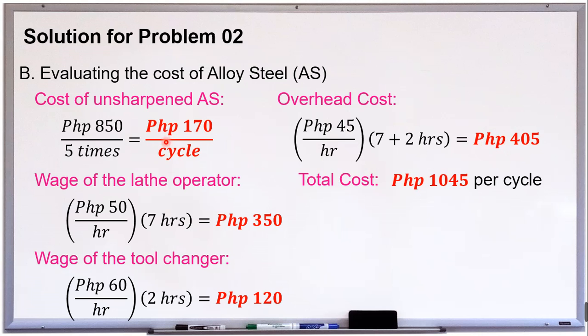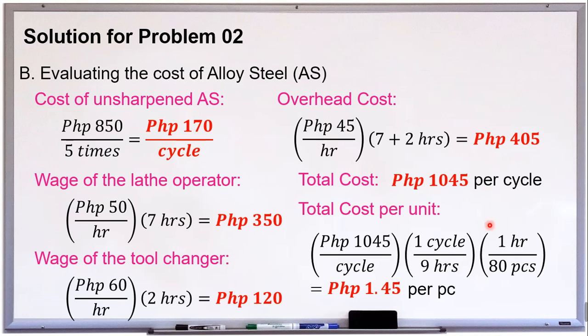Next, we're going to sum up all this cost. So we have a total cost of 1,045 pesos, and this is per cycle or per operation. Next is to get the total cost per unit. We all know that if we're going to use the alloy steel, we can produce around 80 pieces in 1 hour.